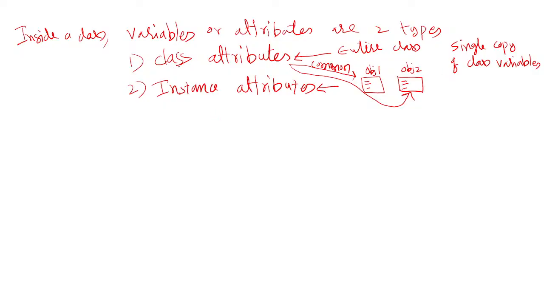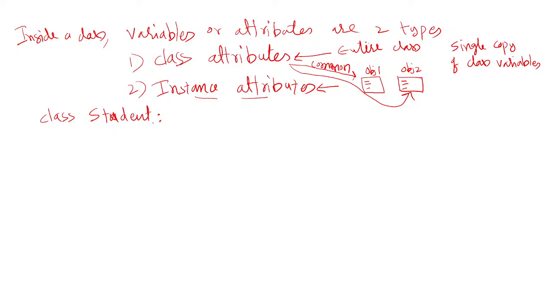Then how do we define these class attributes? We have seen defining the instance attributes. Instance attributes are defined inside the init method, whereas class attributes are defined outside. For example, we have defined a student class.